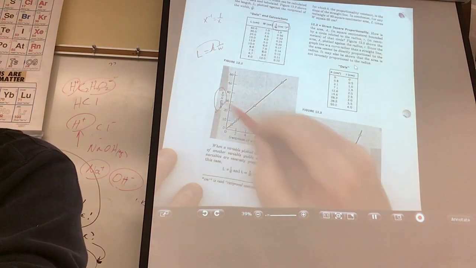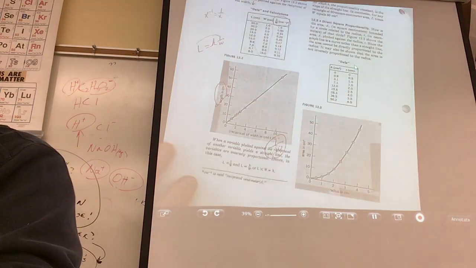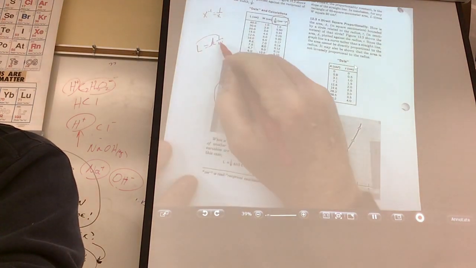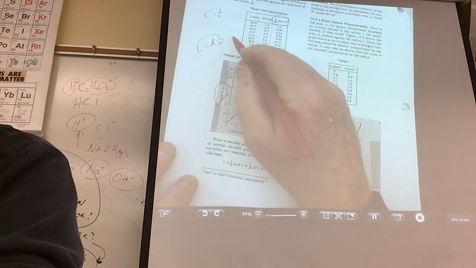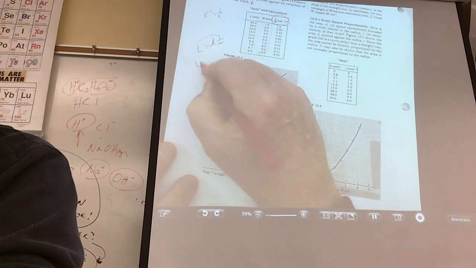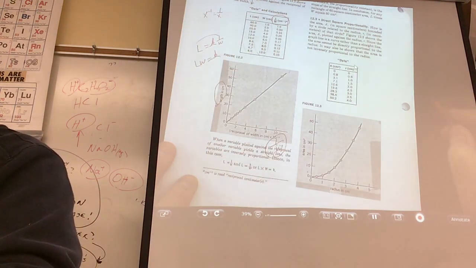L is directly proportional to what? 1 over W. Now, if you have proved that, multiply both sides by W. Tell me what you get. Is that right? So here we go again.